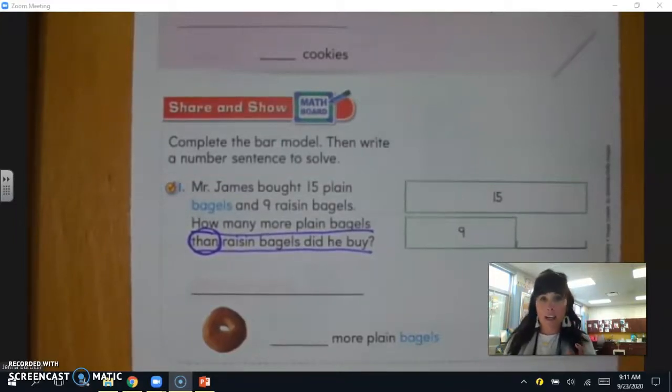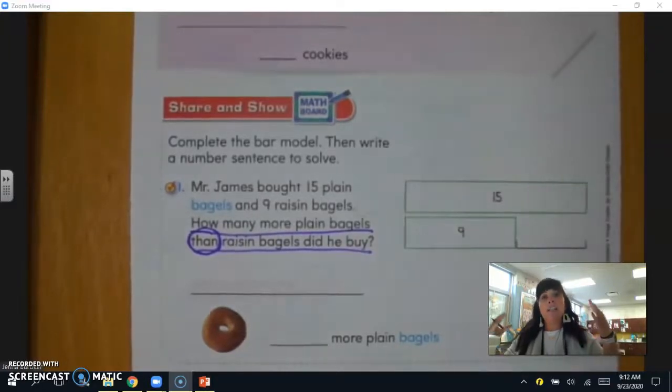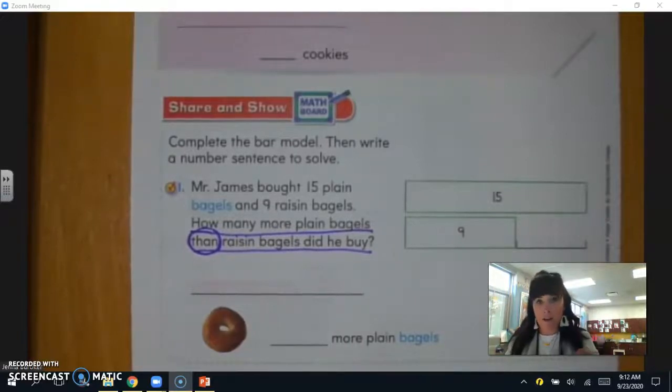Everyone say comparing. All right, and if we're comparing, we are subtracting. We are taking away. We're finding the difference, right? And difference is the answer to a subtraction problem. So if we see than, it means we're comparing, which means we are finding the difference between two things, which is subtraction. So that than tells me right away we're going to be subtracting.